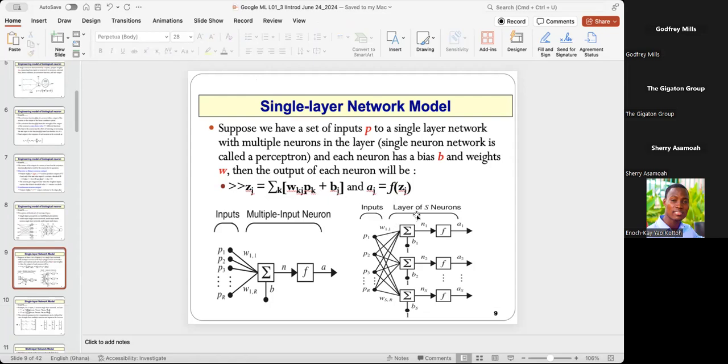Then we can have multiple neurons, one layer, multiple inputs. So we can see how the computation is going to go. This is connected to the summation. And remember I mentioned that all the inputs are broadcast to all the neurons in front of them. All the neurons will be connected to all the inputs.